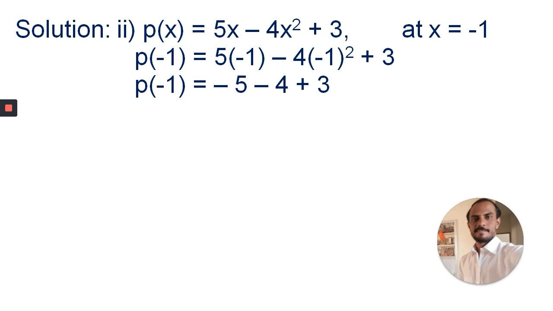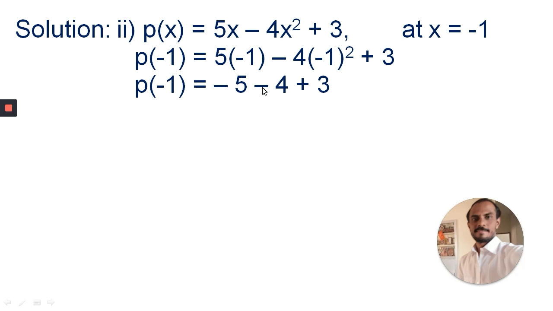Minus 1 squared is plus 1, and plus into minus is minus, that's why it is a minus. Understood? Don't multiply minus into minus like that. Inside the bracket should be simplified first, according to the BODMAS rule. Minus 1 squared is plus 1, plus 1 into 4 is minus 4, plus 3 as it is.